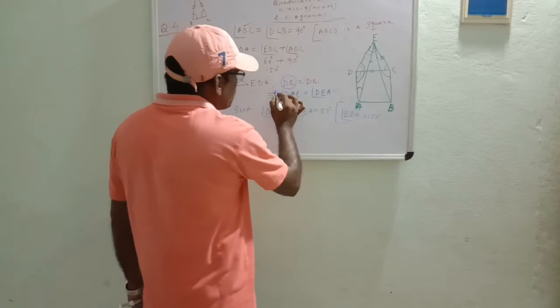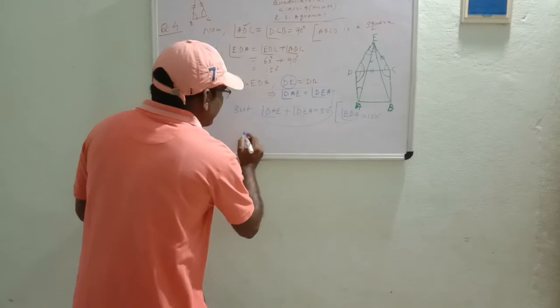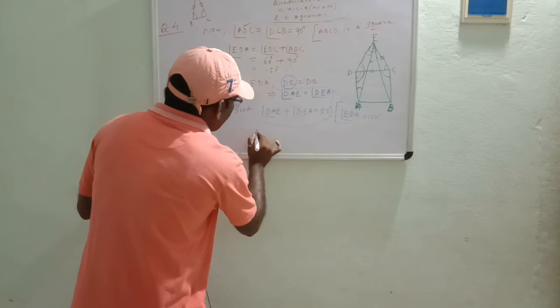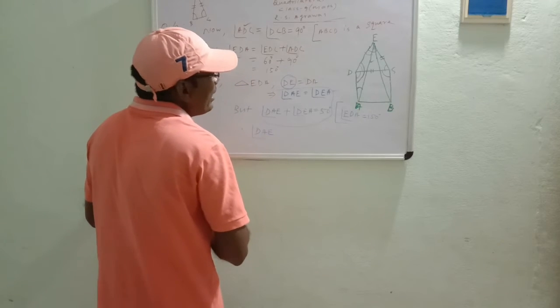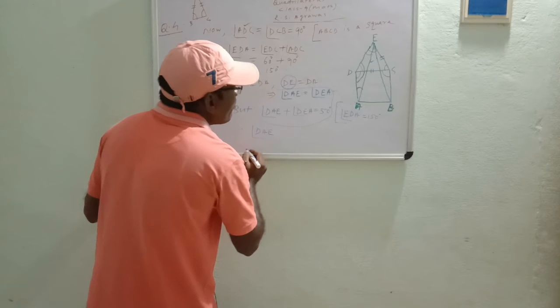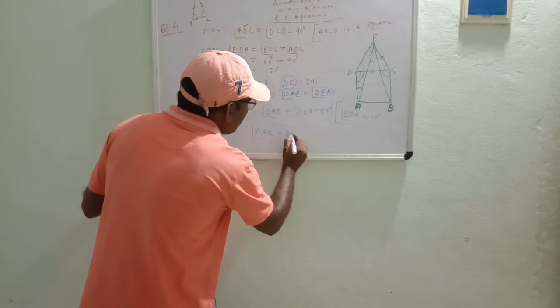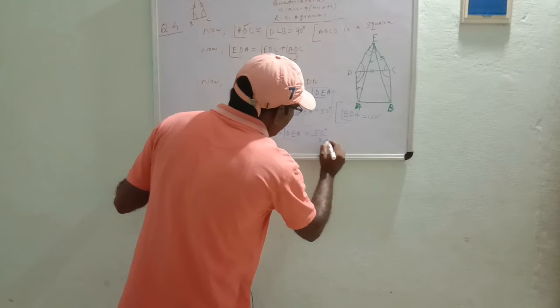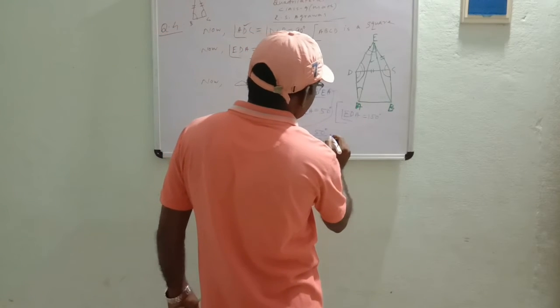So from these two statements we are very clear that angle DAE equal to angle DEA equal to 50 degree by 2, equal to 25 degree.